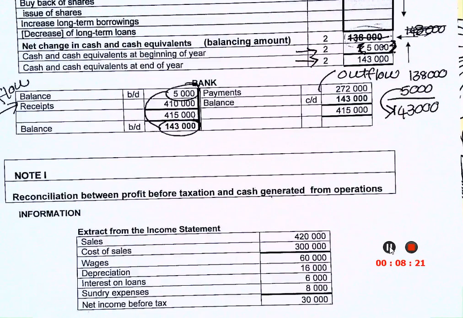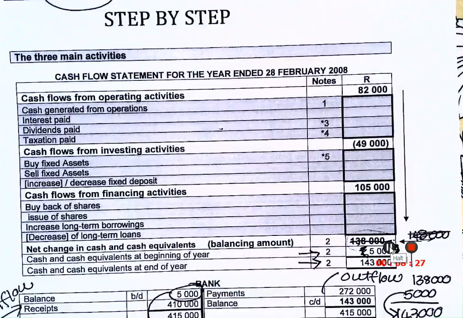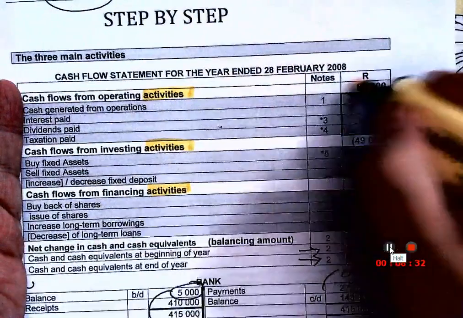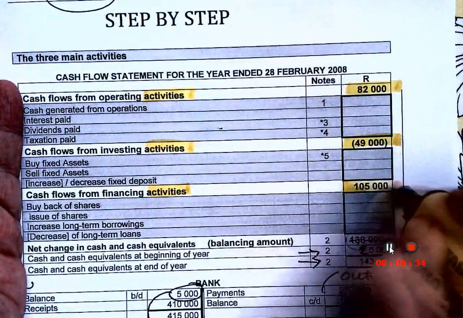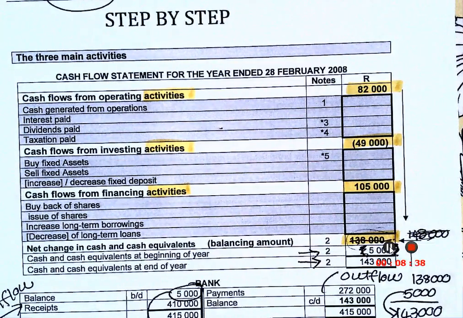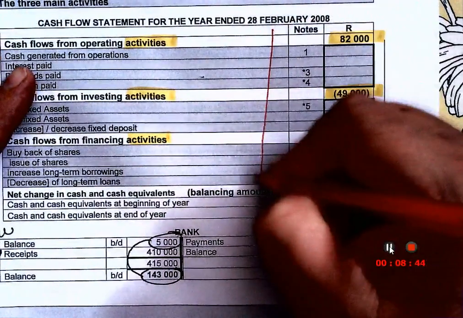What happens now is if I look in the statement, I want you to see that there's 3 activities. And if I add and minus those 3 activities, I will also get the change of 138. So in other words, I can work it downwards or I can work it upwards.